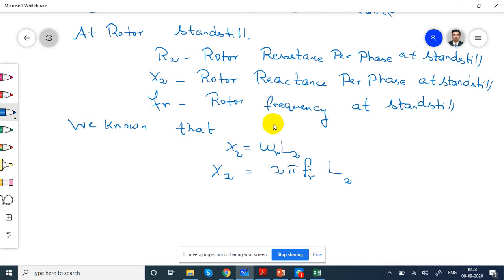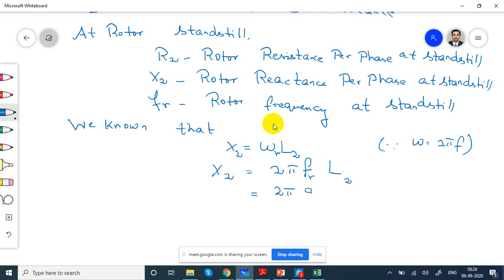X2 equal to 2 pi f. We know that omega equal to 2 pi fr. Now how much is the value of fr?